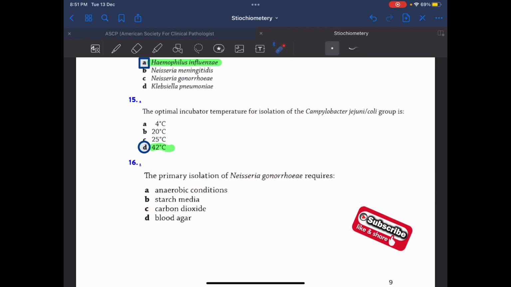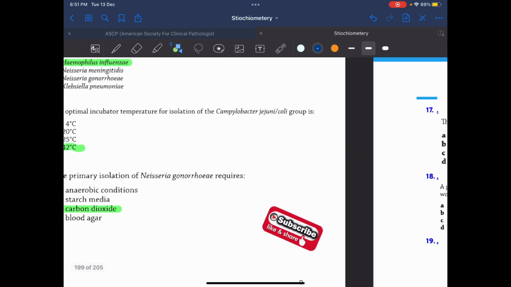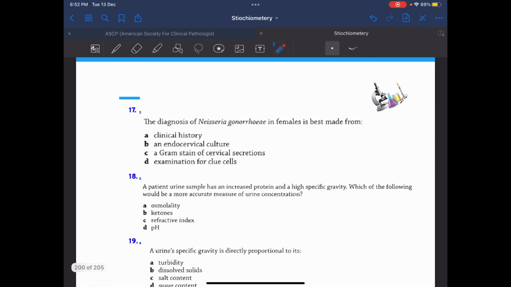Question number 16. The primary isolation of Neisseria gonorrhoeae requires anaerobic condition, starch media, carbon dioxide, or blood agar. The correct answer is carbon dioxide, because Neisseria gonorrhoeae is a fastidious organism and needs carbon dioxide to grow. So the correct answer is C. Question number 17.